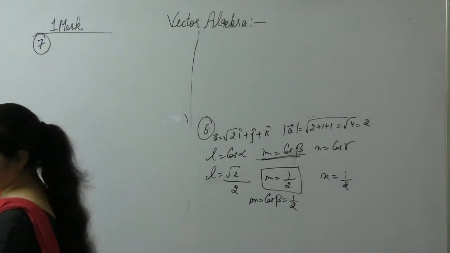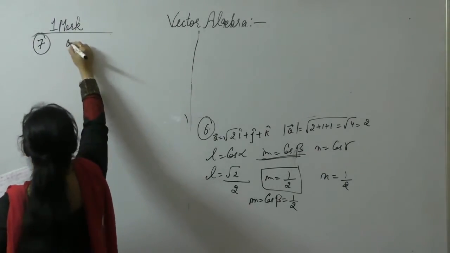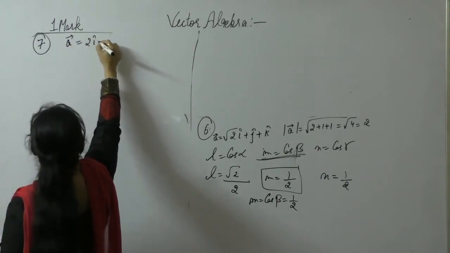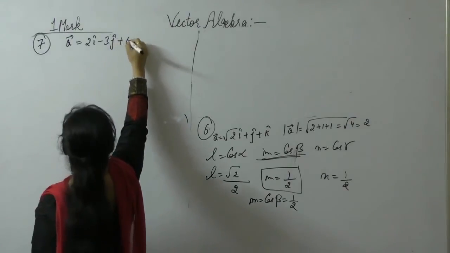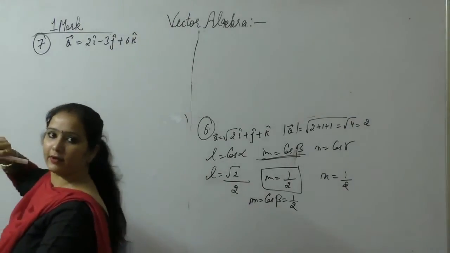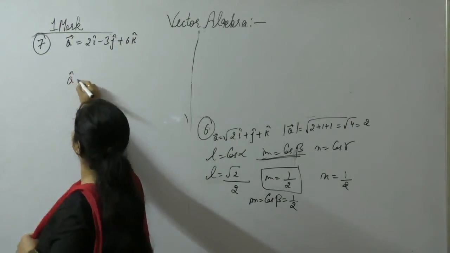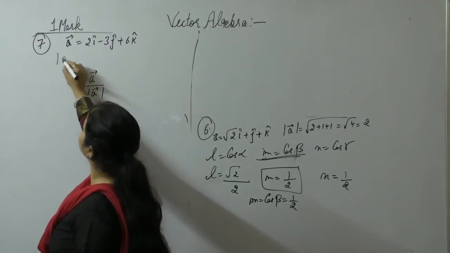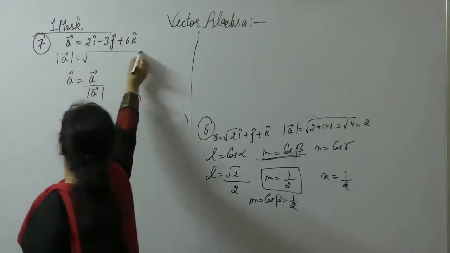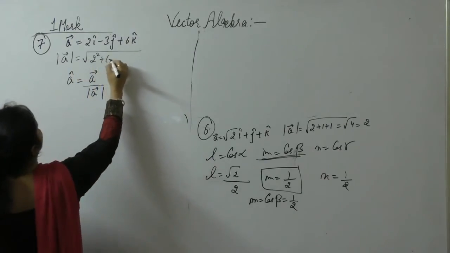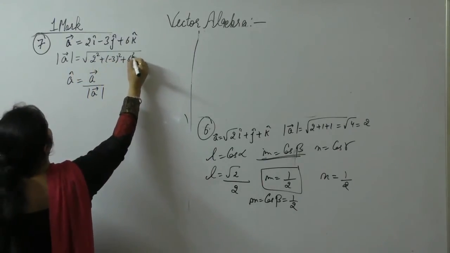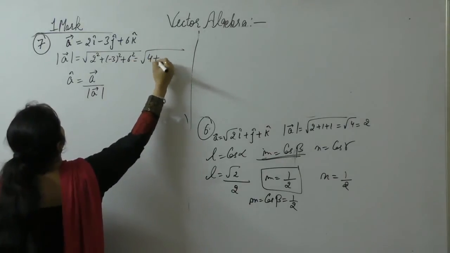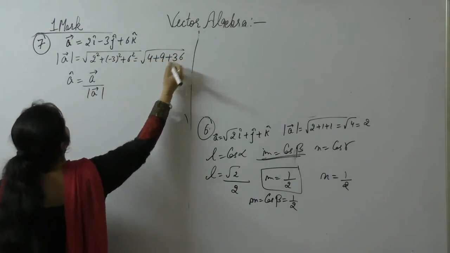Find a unit vector in the direction of the vector 2i minus 3j plus 6k cap. Now, a unit vector is the vector upon the magnitude of the vector. So first find the magnitude of this vector: 2 square plus minus 3 square plus 6 square. 2 square is 4, 3 square is 9, 6 square is 36.